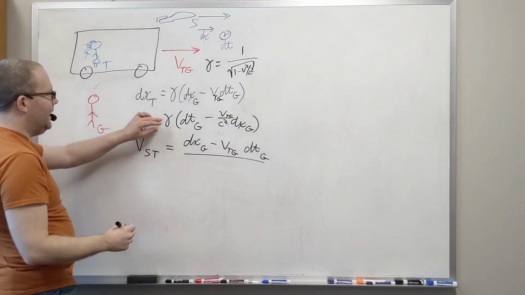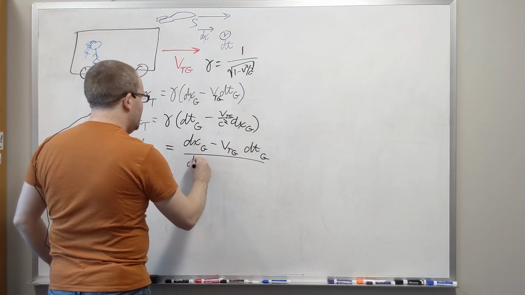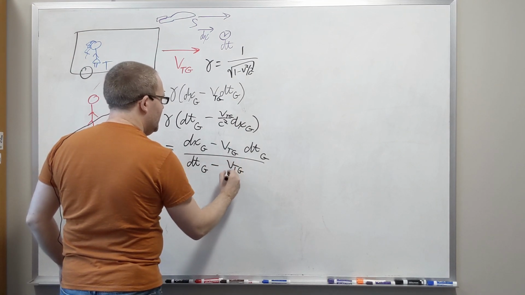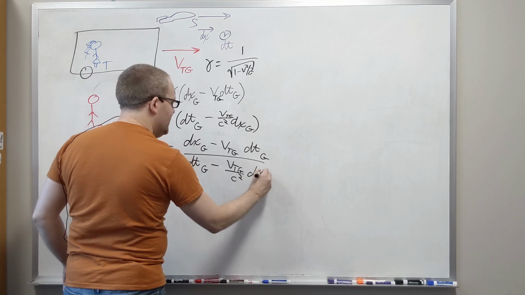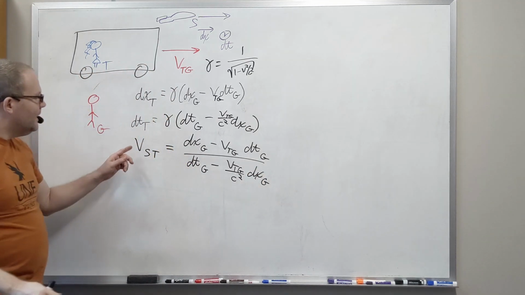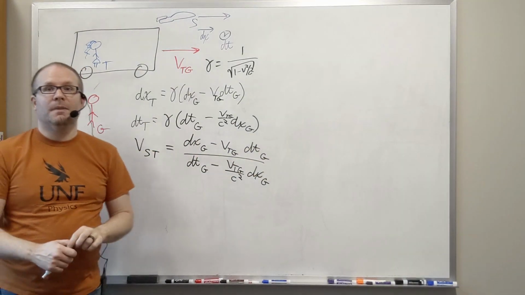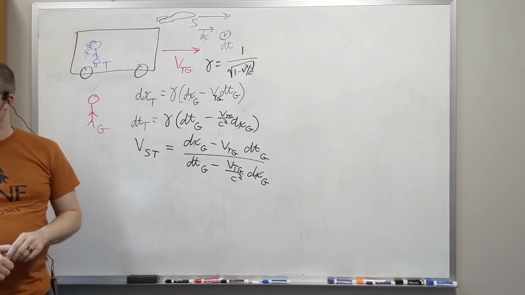Then we'll divide by this thing here, dt as measured by the ground, minus VTG divided by c squared times dxg. So in other words, that's the stuff that's measured by the person on the train in terms of the stuff that's measured by the person on the ground.